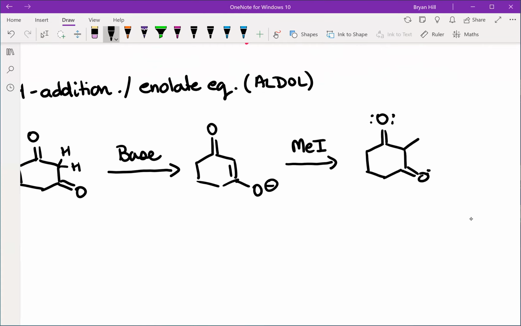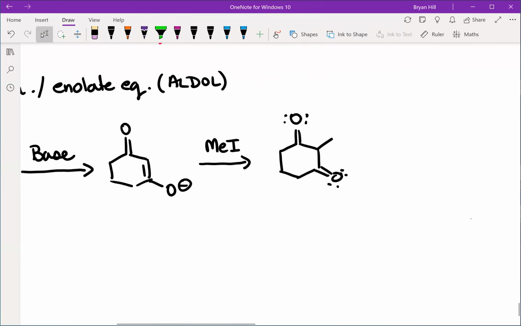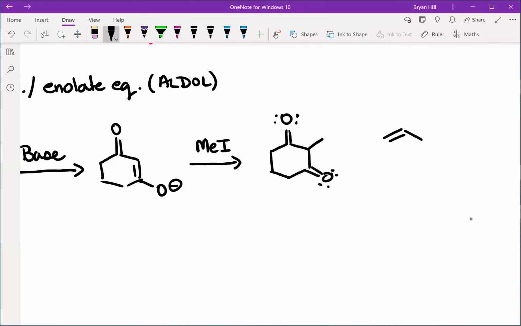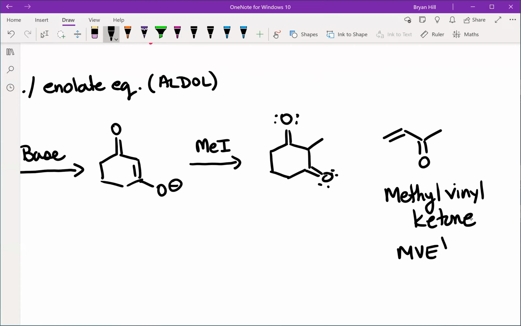Now the super famous reaction is using this diketone with this guy, methyl vinyl ketone, sometimes abbreviated as MVK.